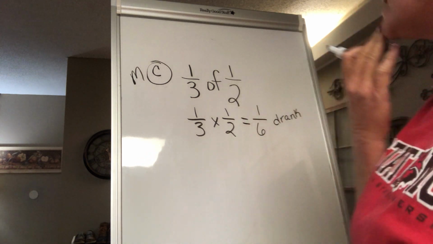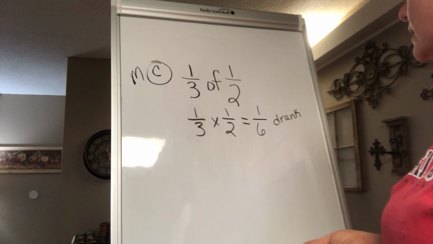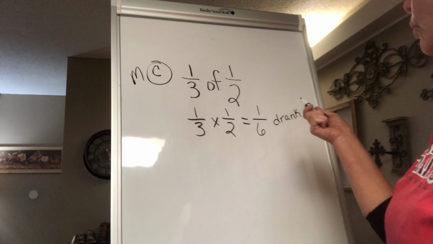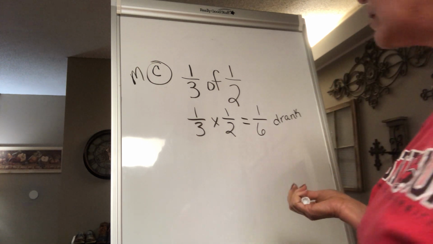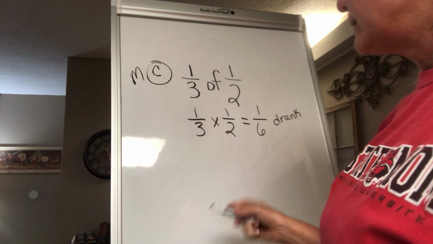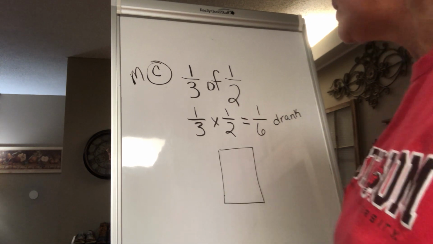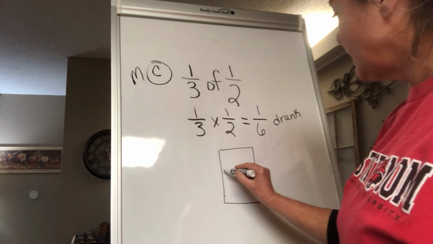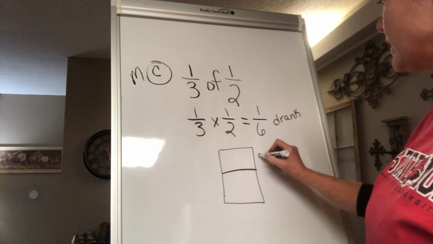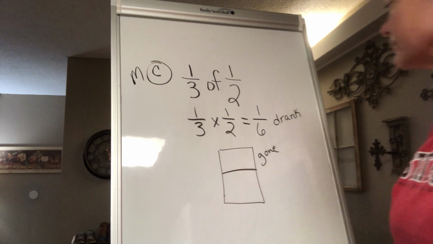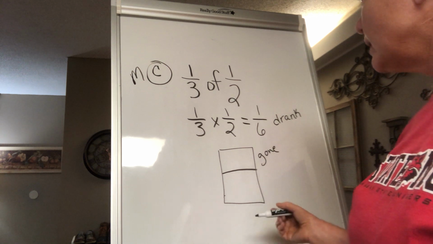Okay, so now we got to think, okay, well then how much would be left? So if he drank 1/6, I'm not sure. So sometimes it helps to look at it as a diagram. Okay, if there's his bottle and here's half. He already drank, this was already gone. This was empty. Okay, so he only had half of his bottle to start with.